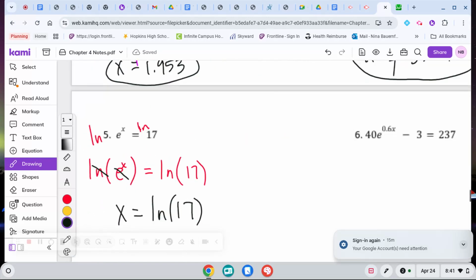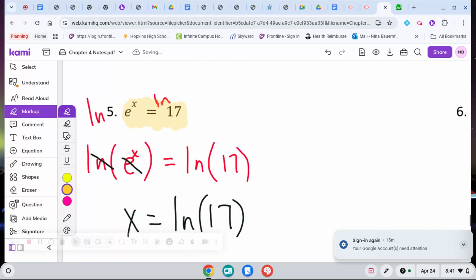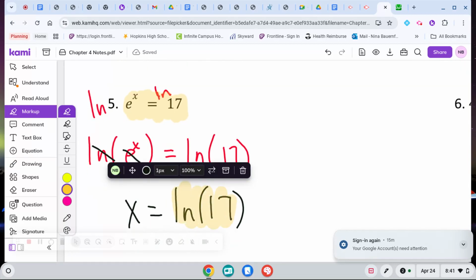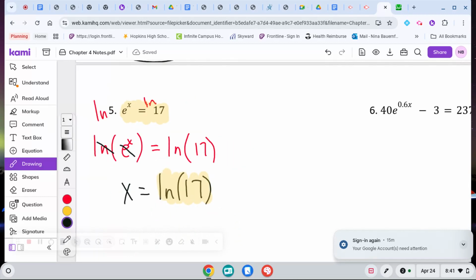If you see this, what's really nice is you can just natural log it, and it's your answer, natural log 17. There's nothing crazy that you have to do there. And then when you type that in, you get 2.833.